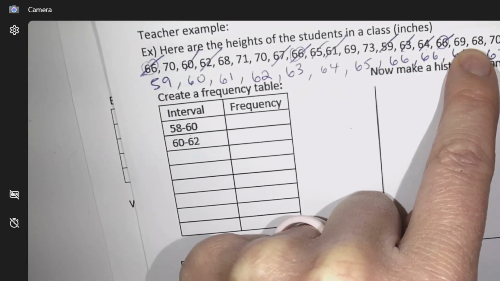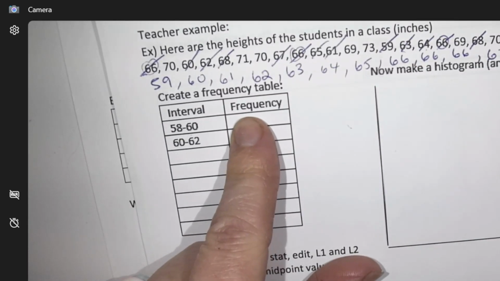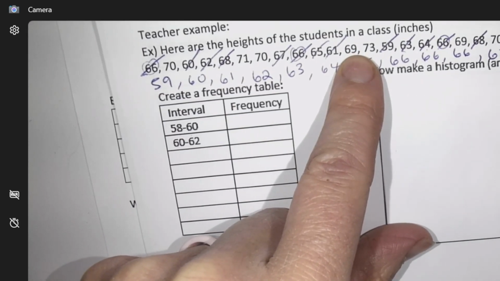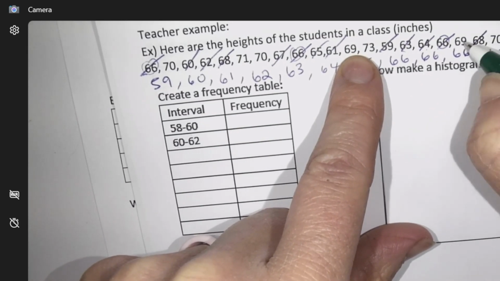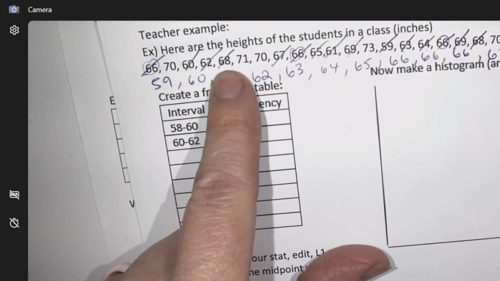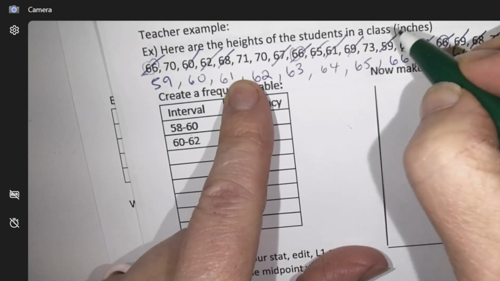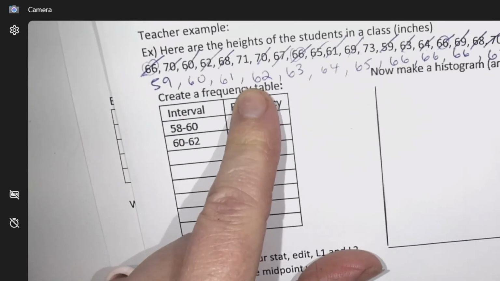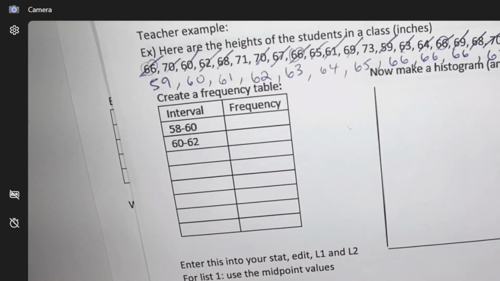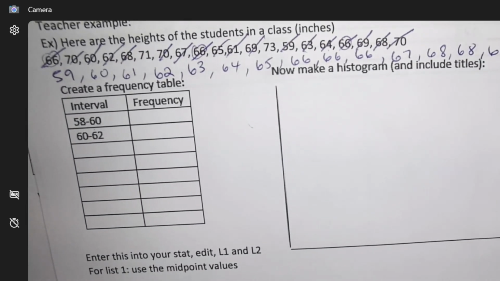I see it twice. 69, I see twice. 70, I see 3 of them. And then a 71 and a 73.